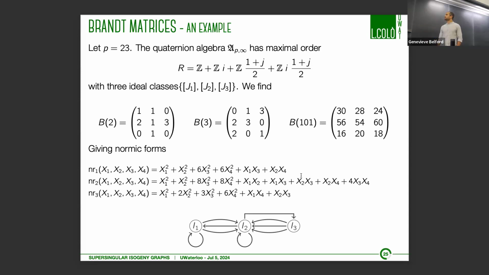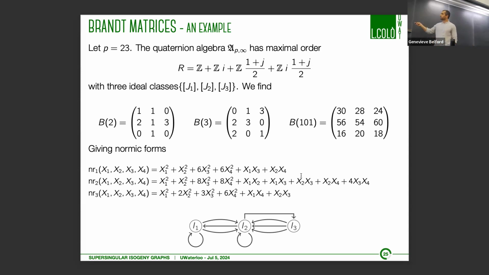So these are the matrices. As you can see, the sum over the column is exactly l plus 1. So in some sense, there's some sort of connection with the regularity of the isogeny graphs. You can construct the norm forms that I was mentioning before. If you construct the theta function associated with these norm forms, then you get a modular form.